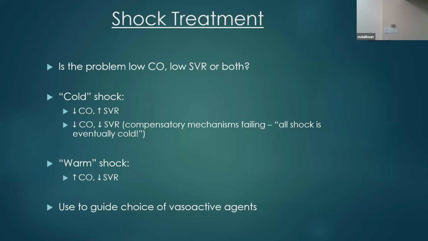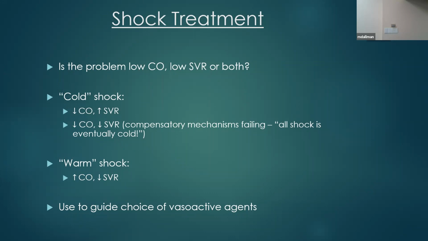All right. Other thing you got to keep in mind, if fluid shock remains fluid refractory, is the shock warm or cold? Is the problem low cardiac output, which I would throw hypovolemia into for the purposes of this discussion, low systemic vascular resistance, or both.